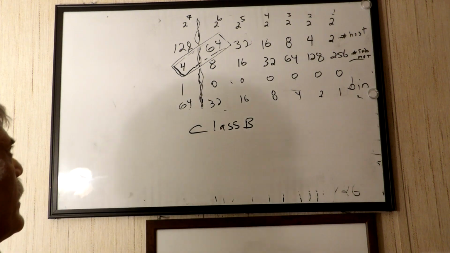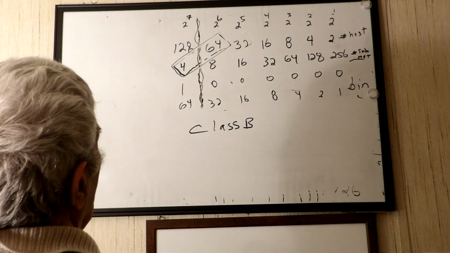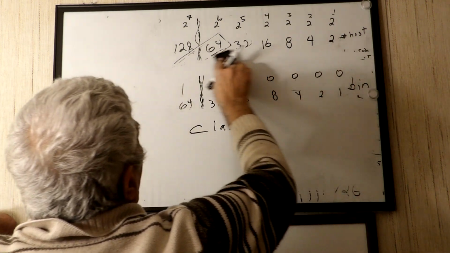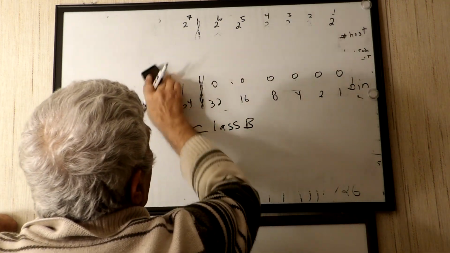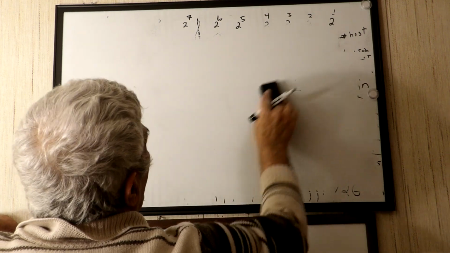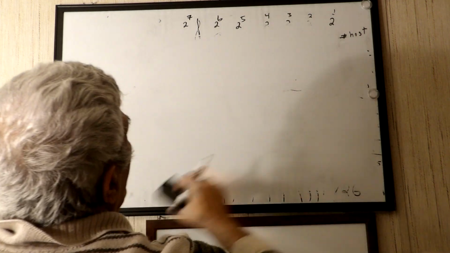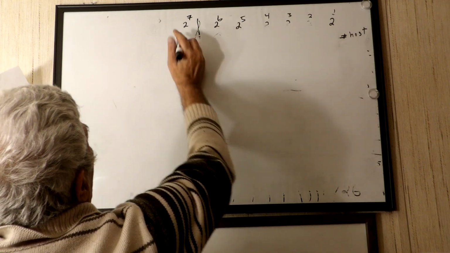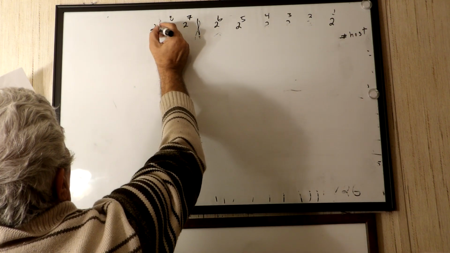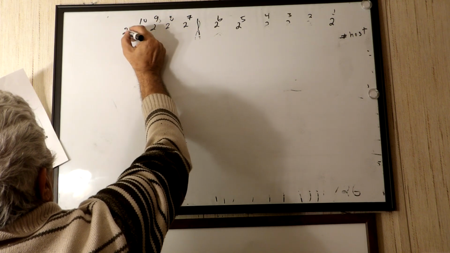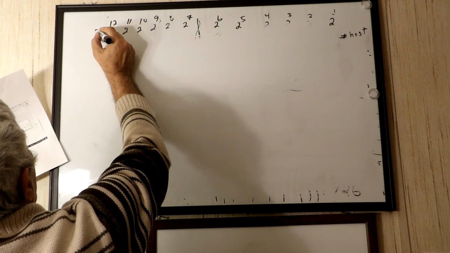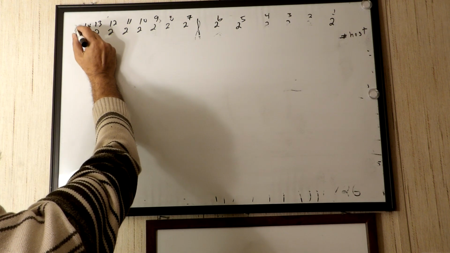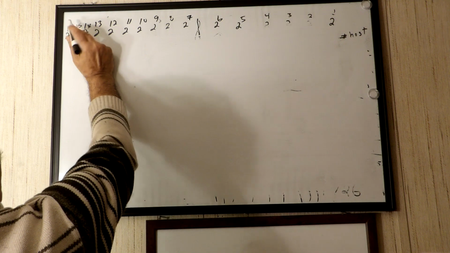actually, let's write this. Let's start from 2.8, 2.9, 2.10, 2.11, 2.12, 2.13, 2.14, 2.15, 2.16.